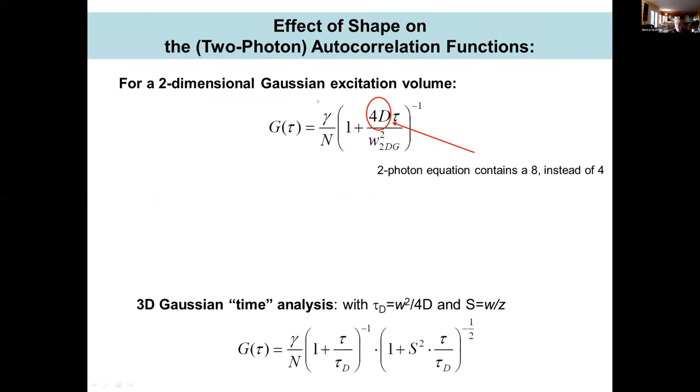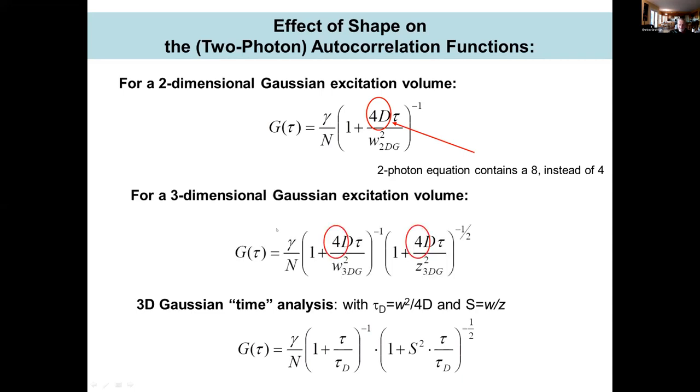And then I have a process which depends on the diffusion constant, for example, lateral diffusion. And in this case, we have this factor 4D, which becomes 8D if you have 2 photon excitation, simply because we have the square. All the rest is the same. So if we have a 3D Gaussian excitation volume, this comes essentially from the Gaussian, which is Fick's law. And then we have one more term, and every Gaussian term adds a factor of square root of the term.